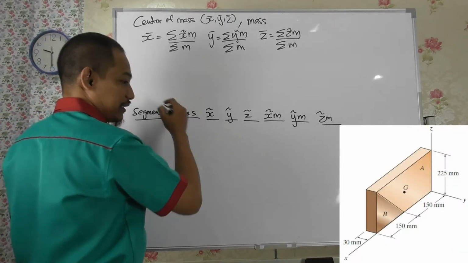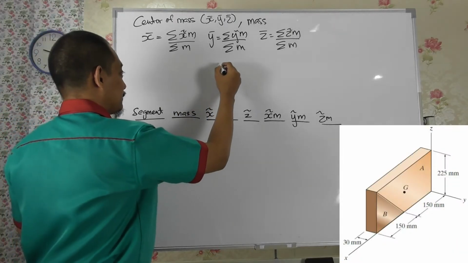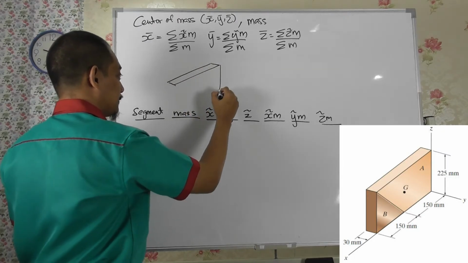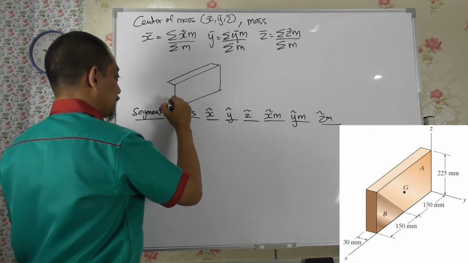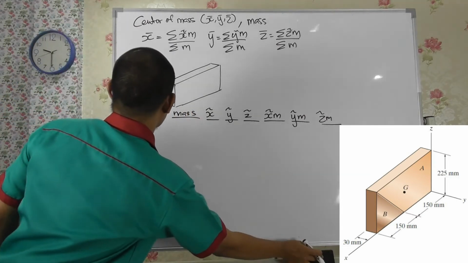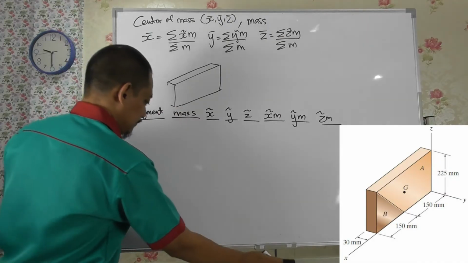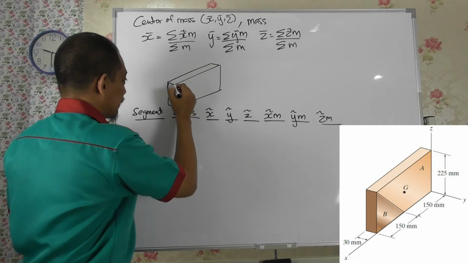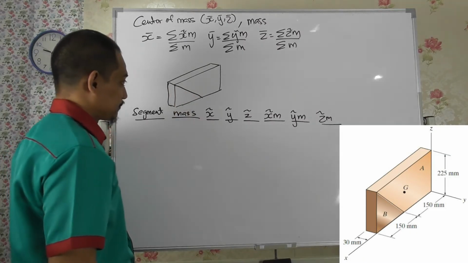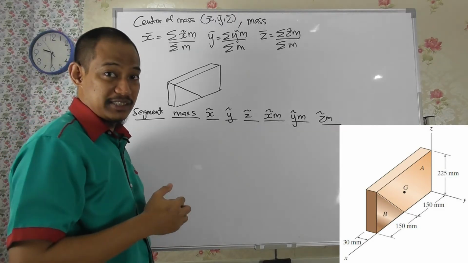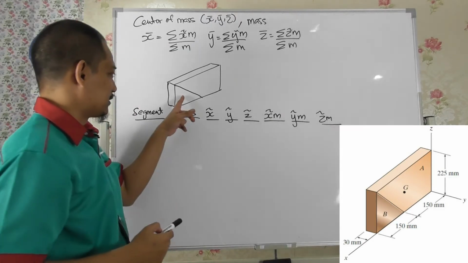If we try to redraw the object roughly, it's something like this, right? Forgive the drawing. And then it is separated here, roughly. Now, in terms of the shape, the basic shape that we can consider is exactly the triangle.